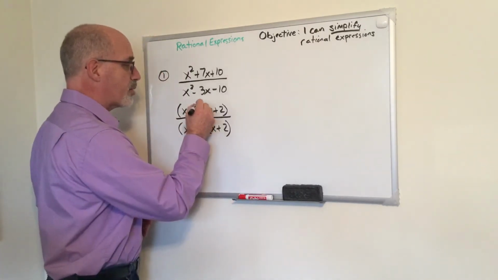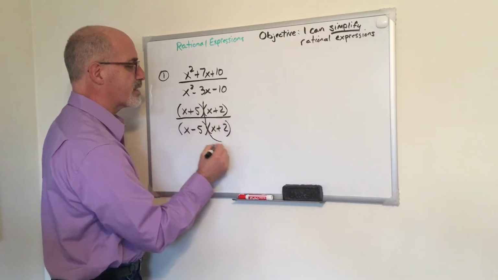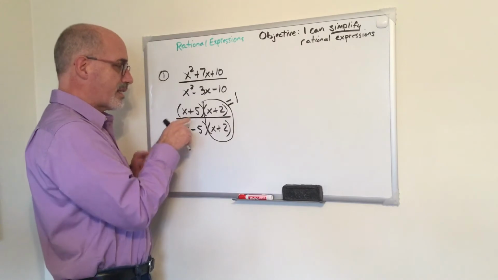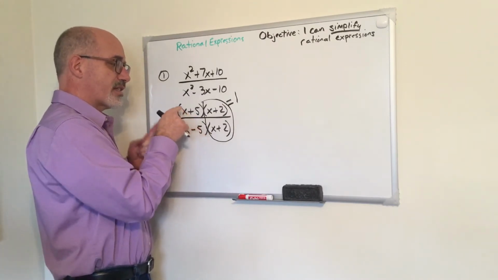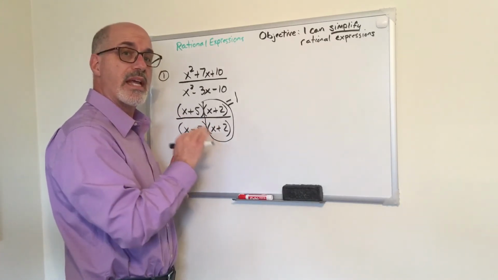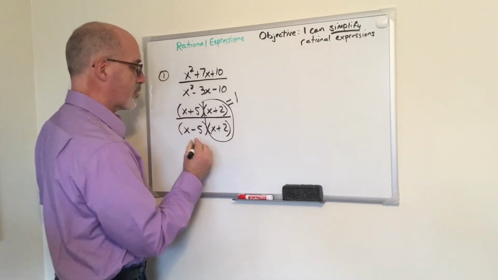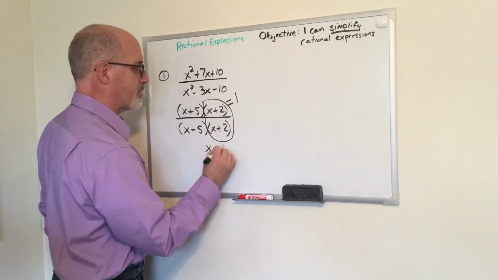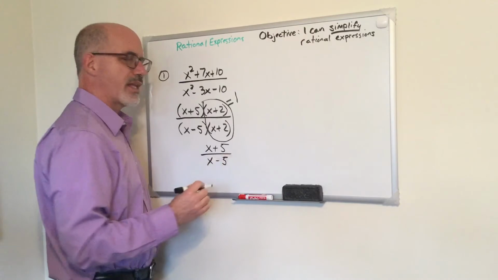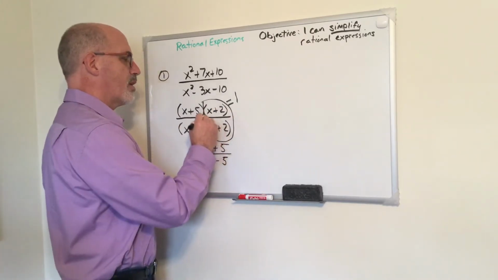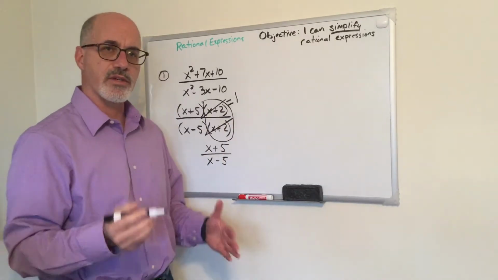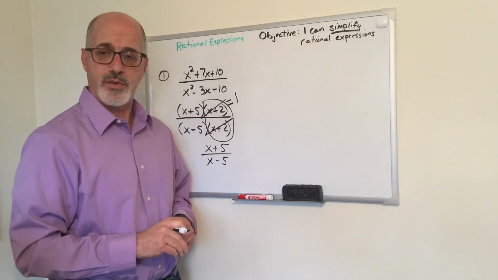Well, we have to remember that anything over itself is equal to 1. So since this is now multiplication, in this fraction we're multiplying by 1, that can reduce out. So all we're left with then is x plus 5 over x minus 5. And typically when we write this, instead of writing it equal to 1, we just show it by crossing out each of the factors to show that those together become a factor of 1.